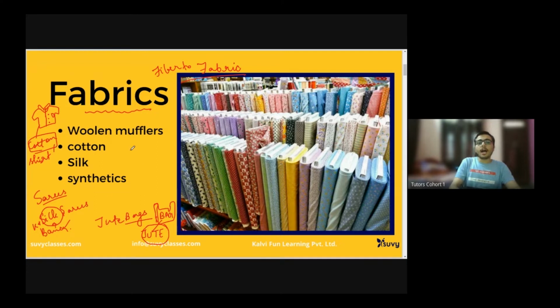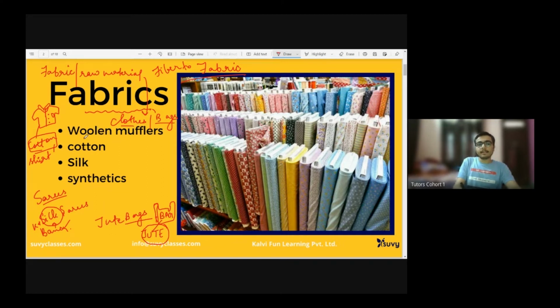These all are fibers. Oh, I'm very sorry, these are fabrics. Fabrics are most of the time pieces of cloth which are used to prepare other objects. I can say fabric is a raw material used for preparation of refined products, like clothes we wear, bags we carry.